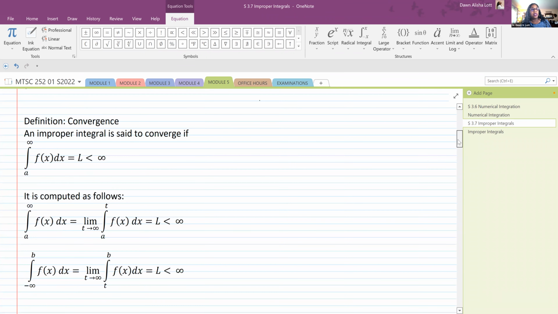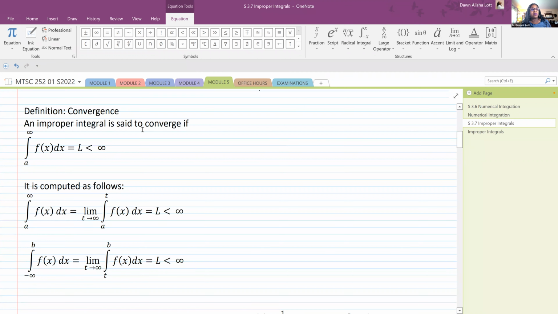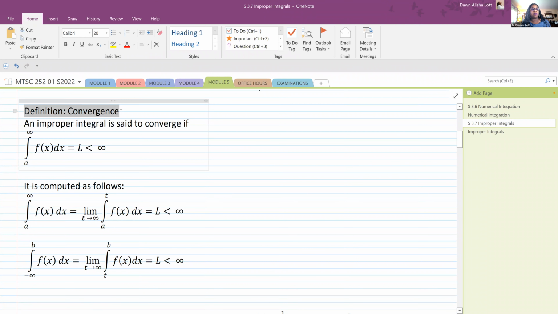Okay, so here's the main thing. That is, how do we define convergence? Okay, so let's define convergence of an integral. Convergence means we're usually trying to reach a particular point. If you converge at an intersection, the two of somebody will meet at an intersection. So convergence means we tend to go to something. An improper integral is said to converge if you can take the integral from a to infinity, and this also goes for the other two cases that I have, and when you integrate it, you get a number.